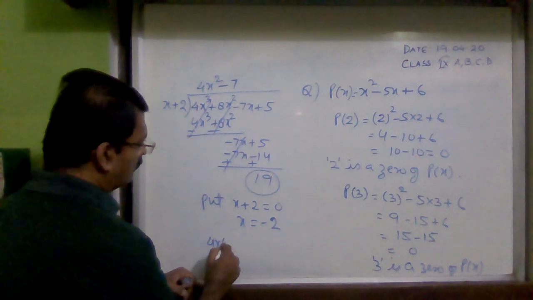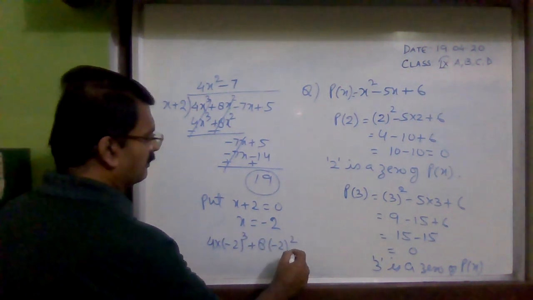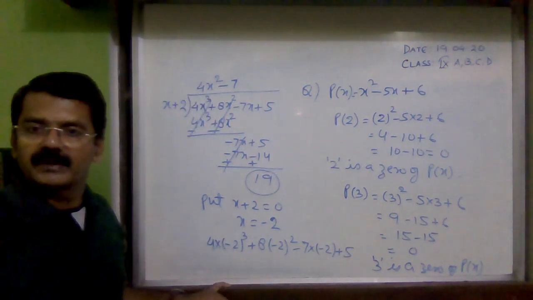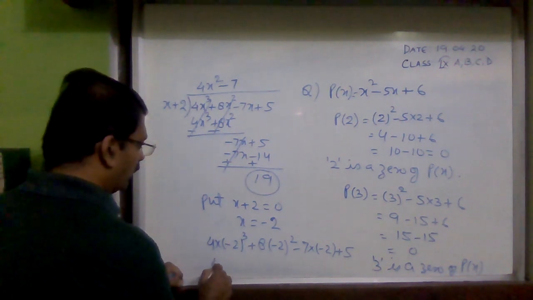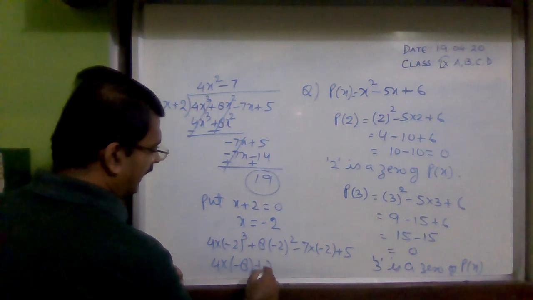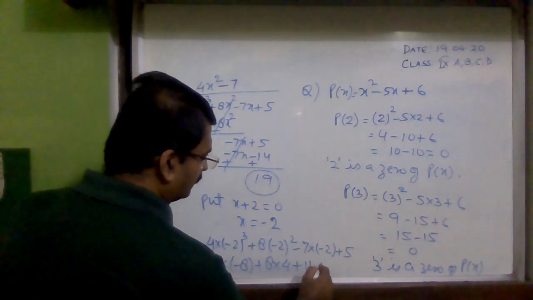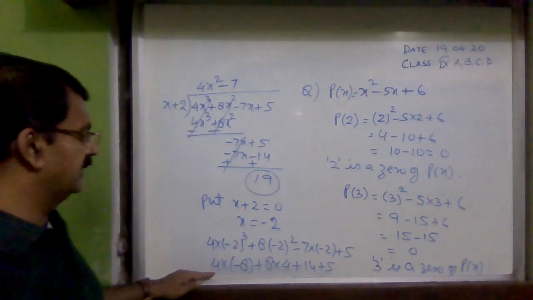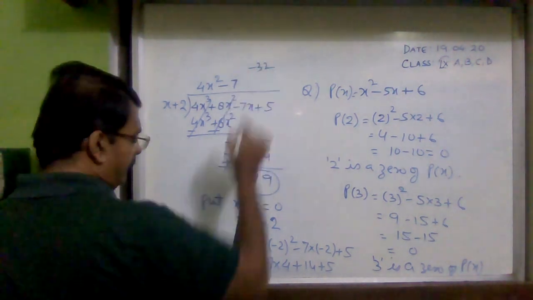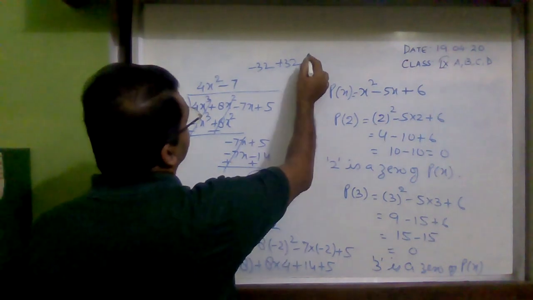So 4 into minus 2 cube plus 8 into minus 2 square minus 7 into minus 2 plus 5. Clear? So 4 into minus 2 cube will be minus 32 plus 8 into minus 2 square will be plus 32, minus into minus plus 14 plus 5, which is 19.